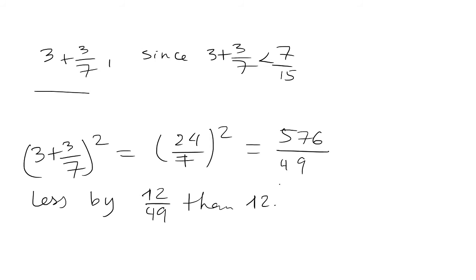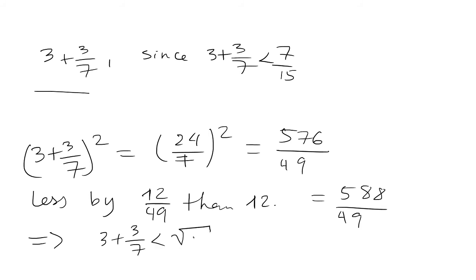Okay, which may be expressed by 588 divided by 49, which shows that 3 plus 3 divided by 7 is less than the square root of 12, which is less than 3 plus 7 divided by 15.